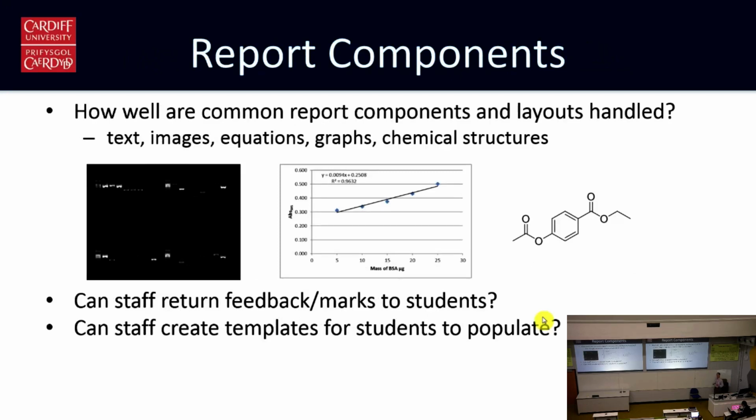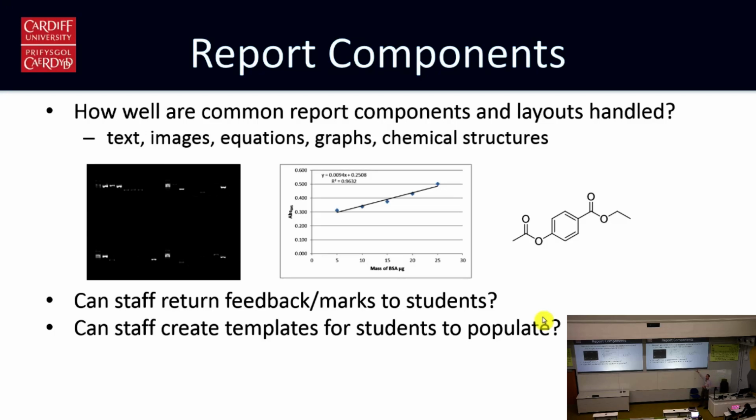I'll just show a very quick slide here of some of the things that might go into a typical chemistry report. We might have, for example, digital images, raw data in the form of spreadsheets, graphs, equations, and obviously being chemists, we love our chemical structures as well.